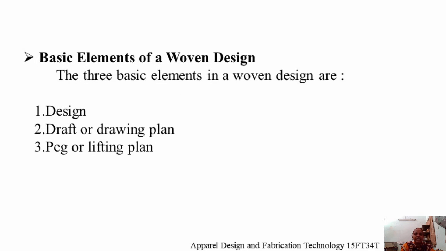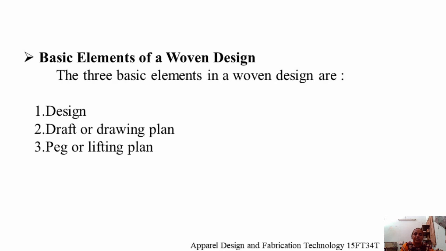So, the basic elements of a woven design. There are three basic elements in a woven design: the design, the draft or drawing plan, and the peg or lifting plan. If they ask the question, draft a point paper design for the following weaves, you have to draw the design repeat, draft plan, peg plan, and the interlacement order. You have to write this.